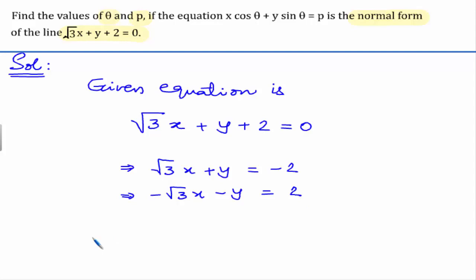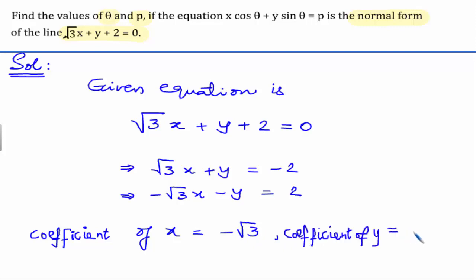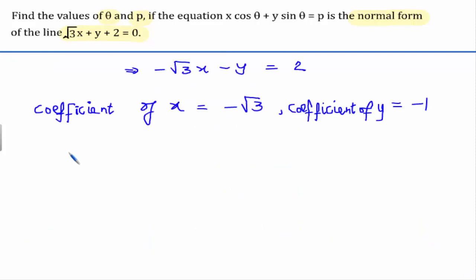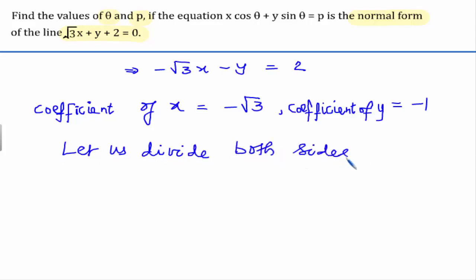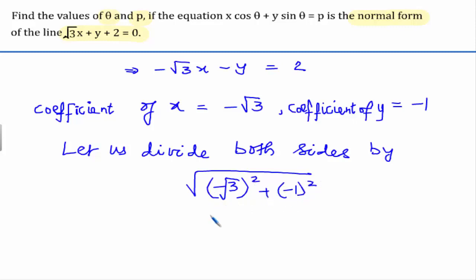Coefficient of x is minus root 3 and coefficient of y is minus 1. Now let us divide both sides of the equation by the square root of (minus root 3) whole square plus (minus 1) whole square.